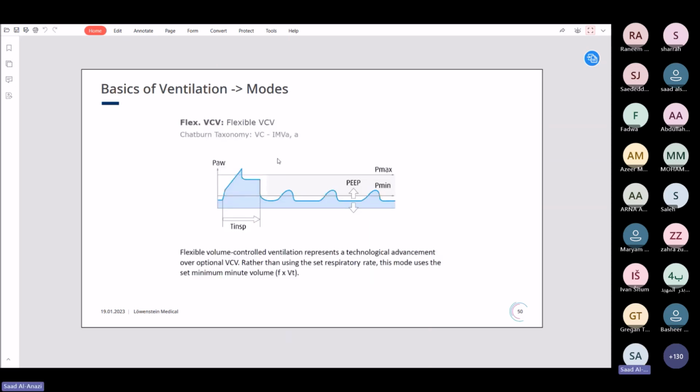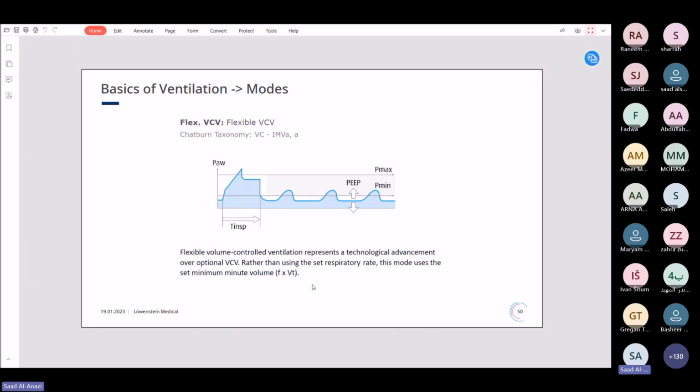Also, we have the flexible volume control. Flexible volume control represents a technological advancement over the optional volume control. Using the set respiratory rate, this would use a set minimum minute ventilation.